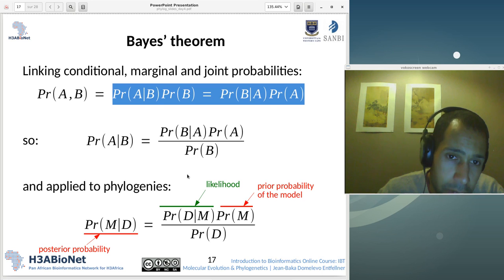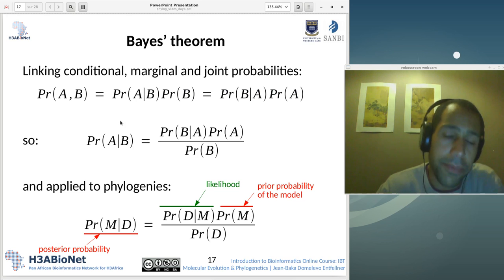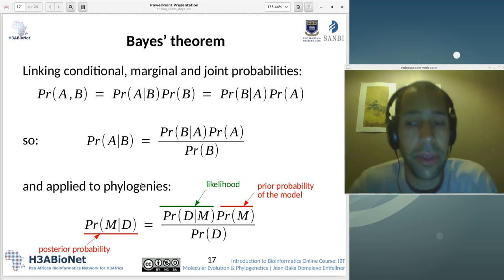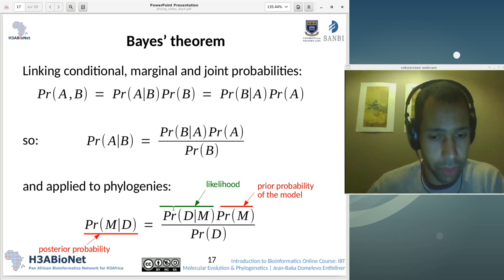Let's apply this Bayes theorem to phylogenies. When we talk about phylogenies, instead of A and B, we're going to have the data and the model.